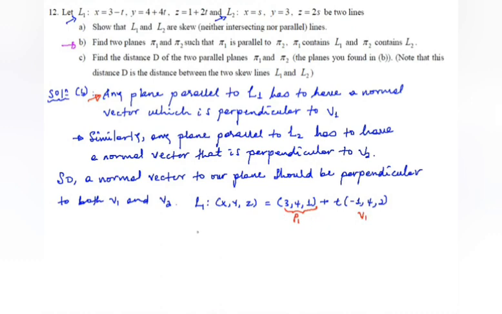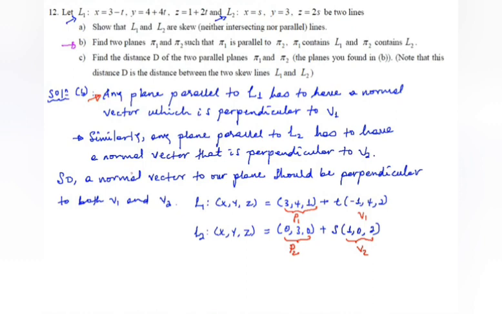And L2 is a line given as, okay, these are the two lines. So you can give a notation P2 below. P1 and P2 are the points on the lines, and say this is V2, which is assumed to be the direction vector for line 2.